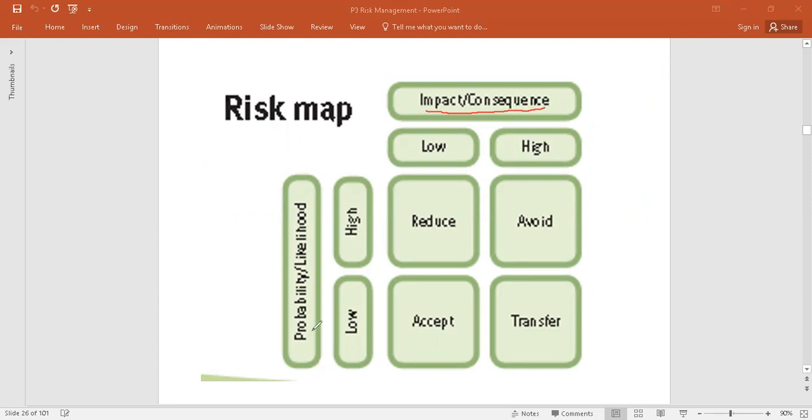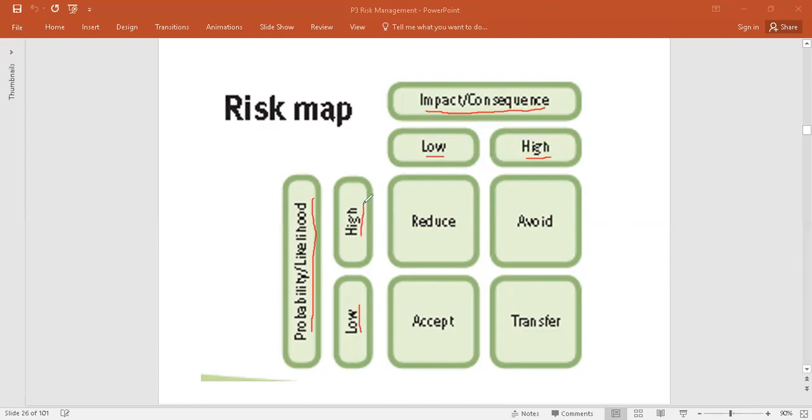Vertically, the chance or the likelihood, the probability of happening of such an event. The impact or consequence on the left hand side is low, on the right hand side it is high. The chance of happening, the probability, on the bottom it is low, at the top it is high.